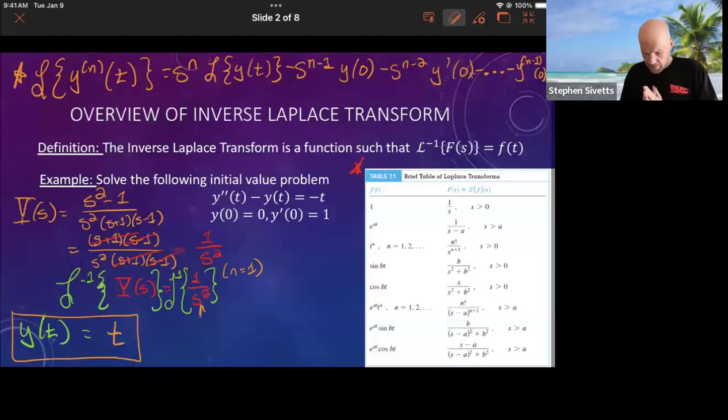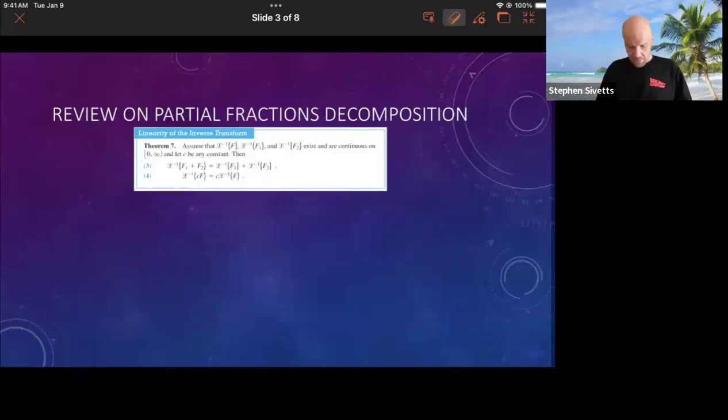So let's go over the partial fractions decomposition. This is the first case. I went over the linearity of the inverse Laplace transform.